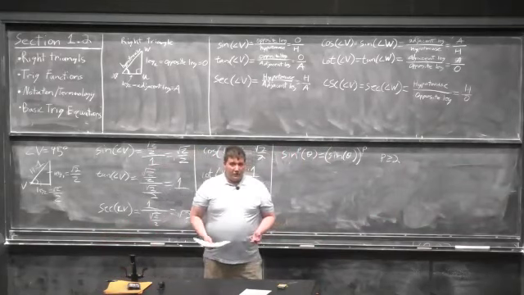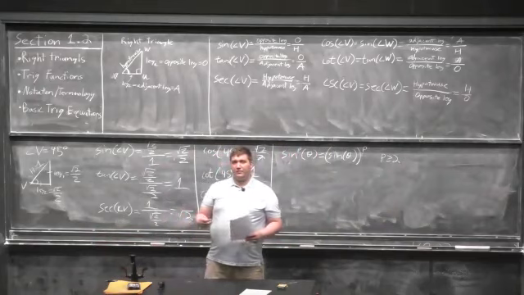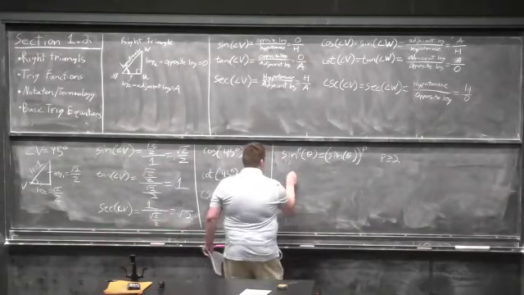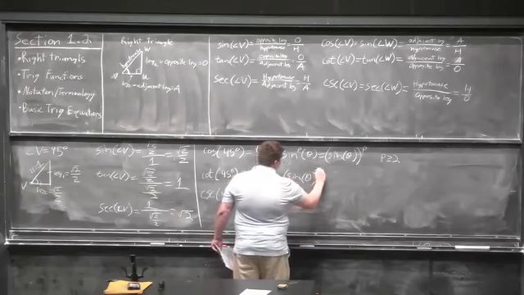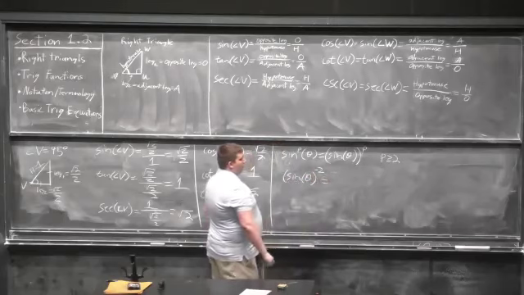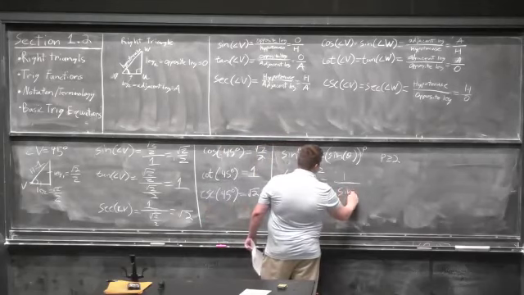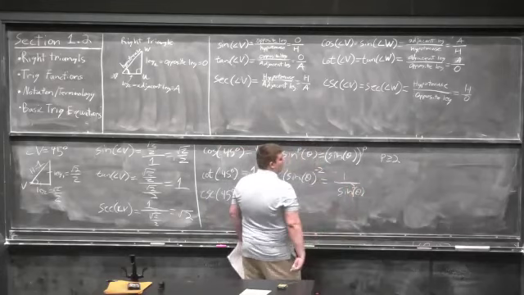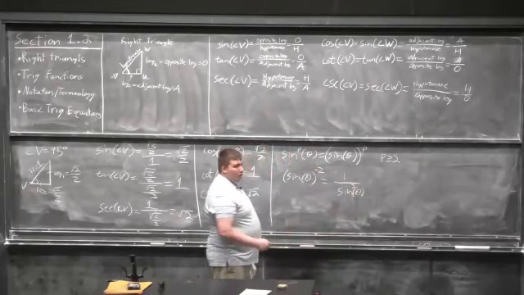Technically, this works for negative exponents. However, there's a little hiccup with that. If I had sine of theta to the negative 2, what this means is 1 over sine theta squared. Well, we know what 1 over sine theta is.